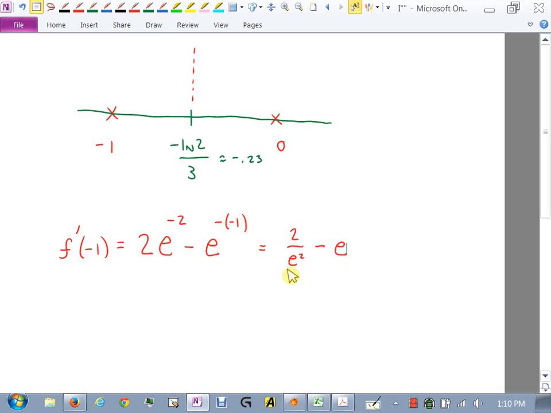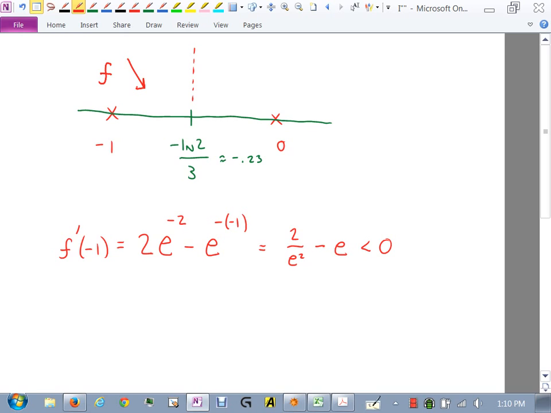What's 2 divided by e squared? It's kind of a small decimal, right? If I subtract e, which is 2.718, this should be a negative number. So this is less than 0. That means that my original function over here is doing what? Going down.